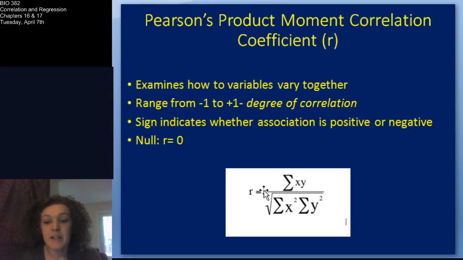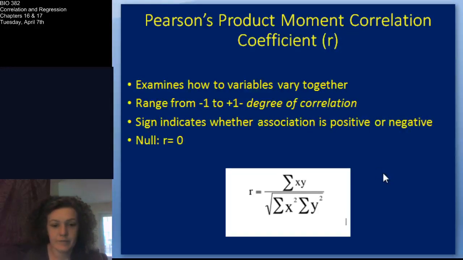It's actually a pretty simple procedure to calculate. You just multiply each x point by y and sum them, so x times y, and then take that over the square root of the sum of all of the x values squared times the sum of all the y values squared.